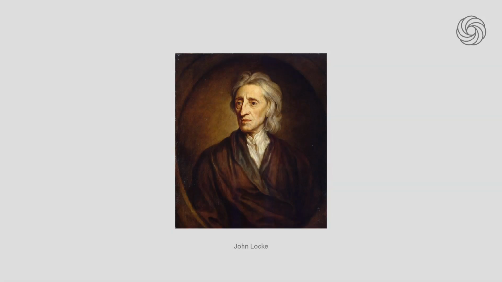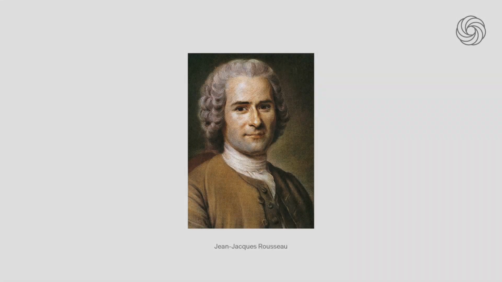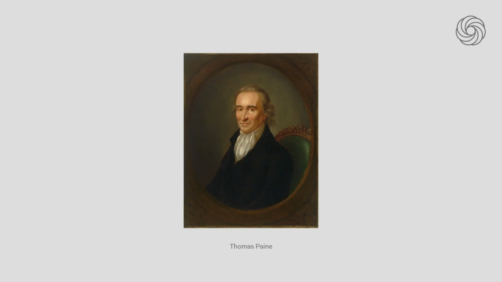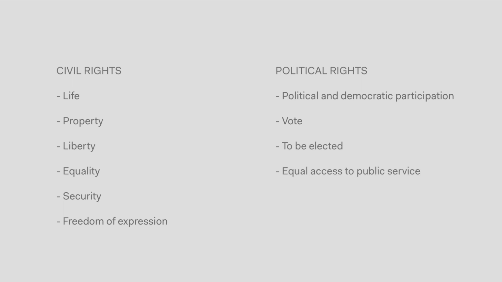Philosophers such as John Locke, Jean-Jacques Rousseau, Thomas Paine and others were developing these ideas of civil rights to life, property, liberty, equality, security, freedom of expression, and political rights, the rights to political and democratic participation, to vote, to be elected, to have equal access to public service.